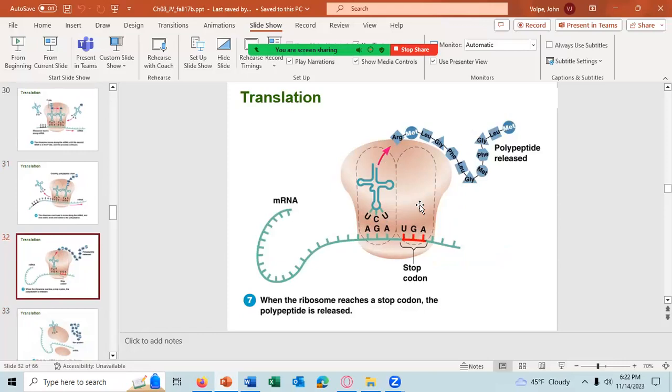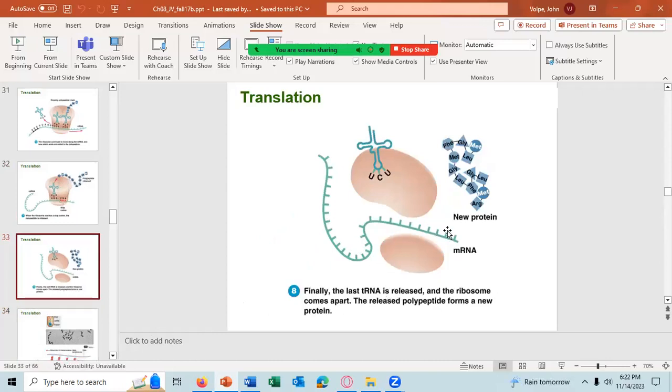That will cause the ribosome to fall apart. That tRNA will come out. That will release the growing polypeptide chain, which will be the growing protein, and that will be the final protein, and it'll be released.